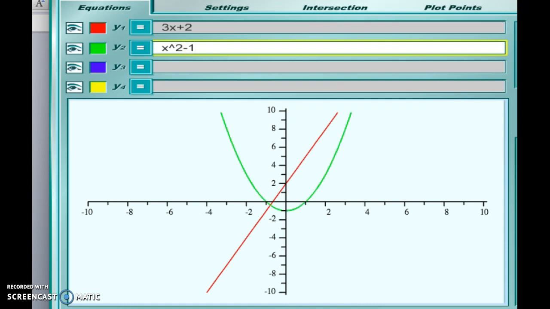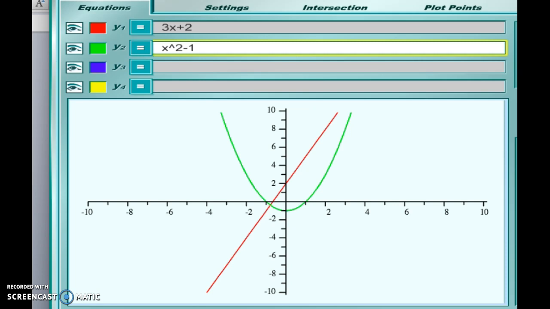And that's what I expect. The red line is a linear line. We have 3x plus 2 is linear. X squared minus 1 is a quadratic, and my students will be able to know that this is a quadratic versus a linear line. They will understand that.